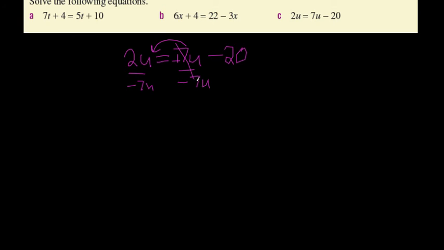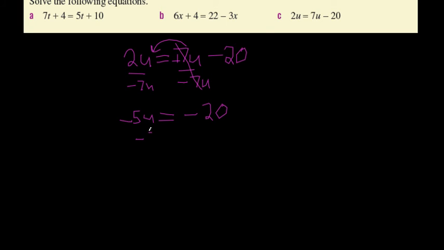Let's solve that. Well, the u's cancel each other out. So on the right side of the equation, we are left with negative 20. On the left side of the equation, though, we are left with what? Well, what's 2 minus 7? Negative 5u. Okay, so that's our final value. Negative 5 times u. What's the opposite of that?